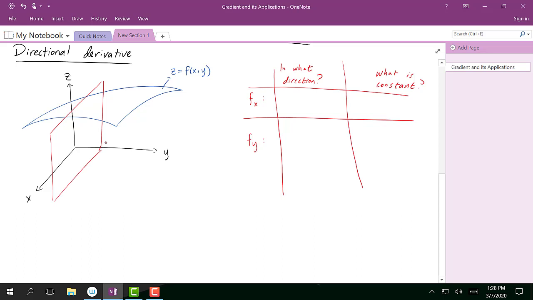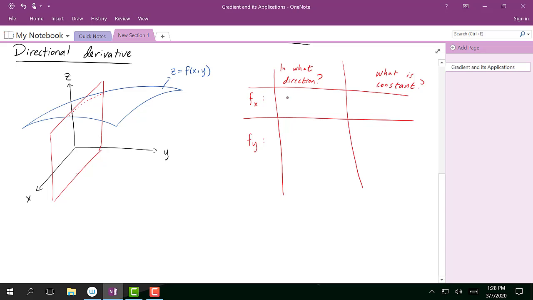And so what I get when I do this, again, we've done this before, is a path along here, looking like this, for which all the y components of each of these points are constant. And so this is going to be, for example, my partial derivative of f with respect to x.